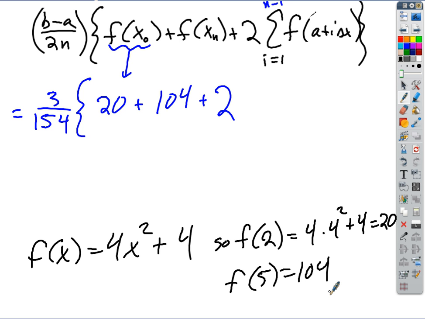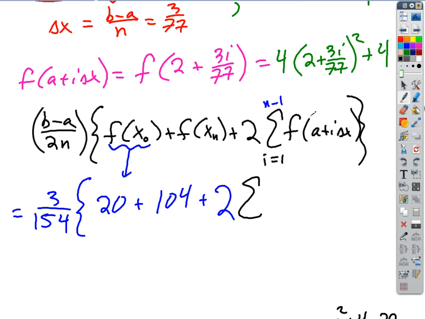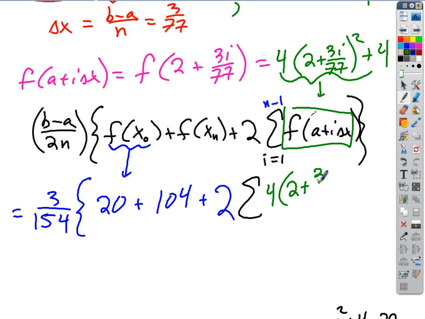So that's how we get those two numbers, plus 2 times the sum of f of a plus i delta x. We said that was just right there. So all that stuff goes in there: the sum of 4 times the quantity 2 plus 3i over 77 squared plus 4.